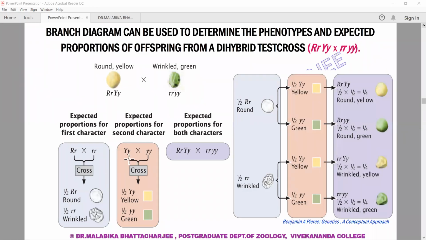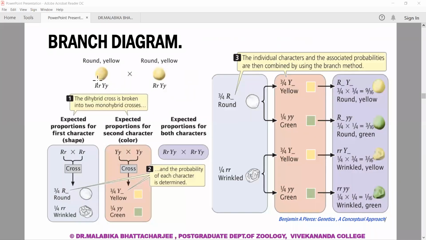I'm not going over this. For a recapitulation, I'm going over this cross. So you see there is a round yellow seed and another round yellow seed. Now if we look at the genotype of the two genes in concern, capital R small r into capital R small r should be considered separately, and capital Y small y into capital Y small y should be considered separately.